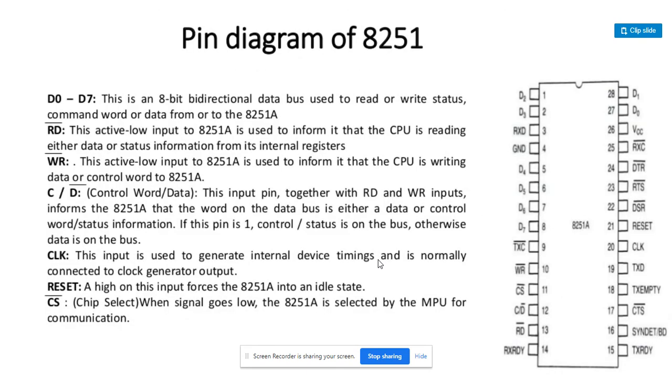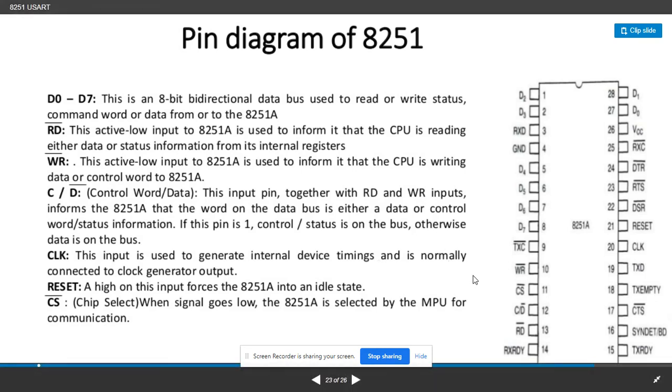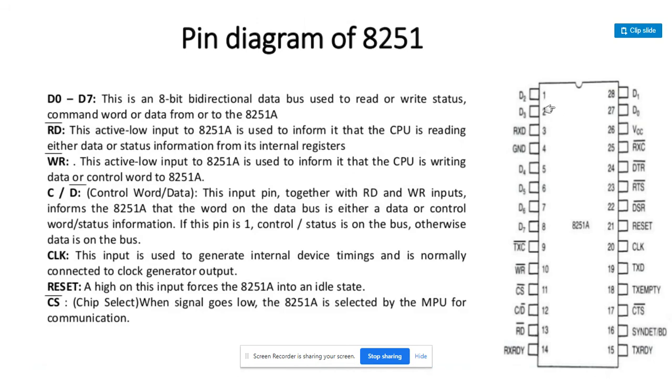Here is the pin diagram of the 8251 that provides all the signals. As we have already discussed in the previous diagram, there are a total of 28 pins in the 8251, pin number 1 to pin number 28.